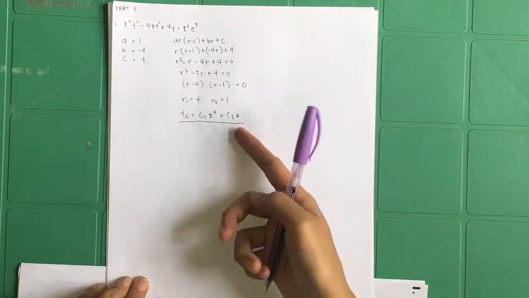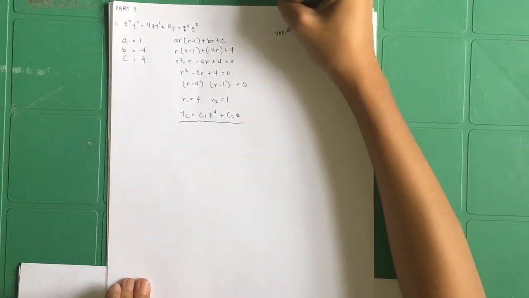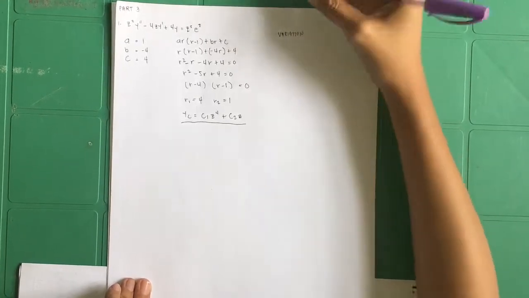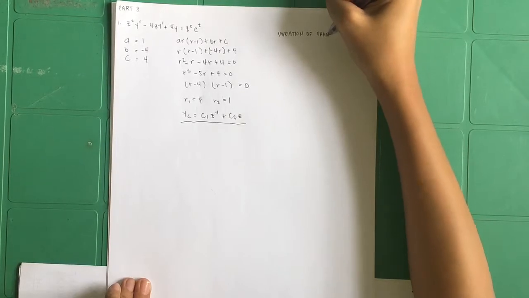Now I can go to the variation of parameters. Here, I need to write this so it can be clear.